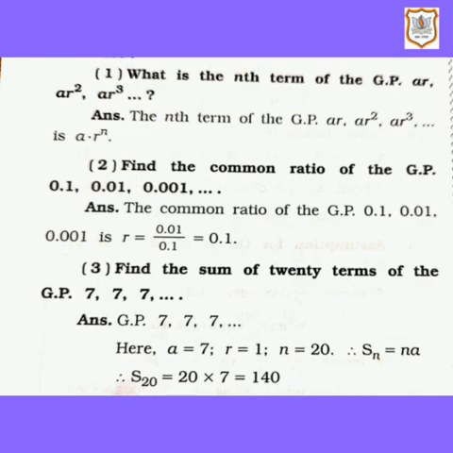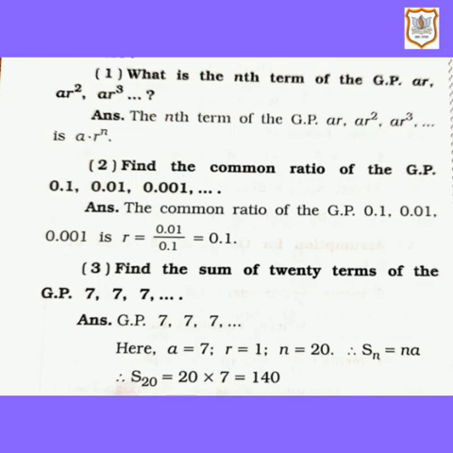Third sum: find the sum of 20 terms of the geometric progression 7, 7, 7, and so on. Here we have to find the sum, so we use the formula Sn is equal to n multiplied by A. Here n is 20, as 20 terms are given in the question. A is the first term, that is 7. R is 1, the common ratio, since the second term divided by the first term, 7 divided by 7, is 1.